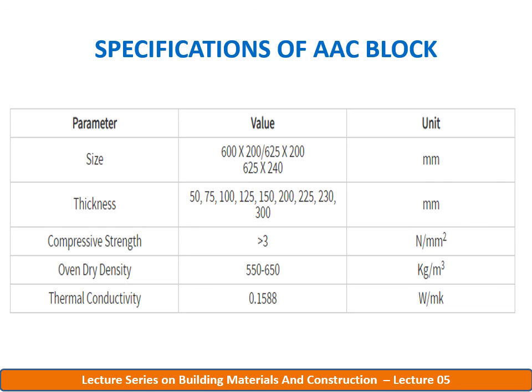Compressive strength. So here it is given in terms of Newton per mm square. Oven dry density 550 to 650 kg per meter cube. And thermal conductivity it is 0.1588, that is the unit which is provided, W per meter cube.